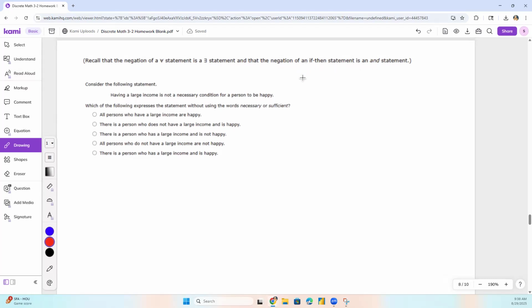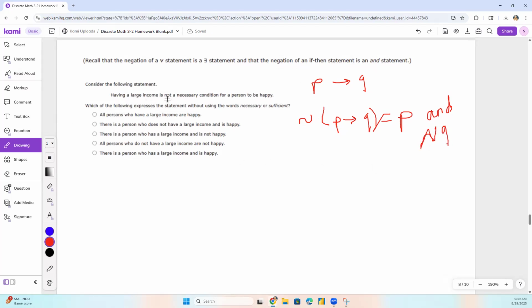So whenever we have if P, then Q, and we want to negate it, we have a rule that we learned. Its negation will be P and not Q.